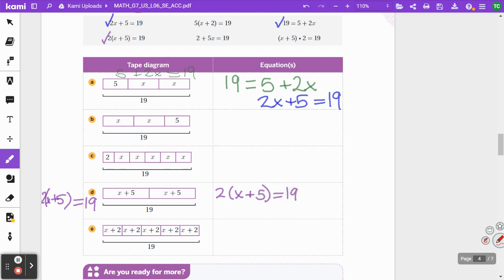Is there anything else here? I almost went to this one, but wait a second. That's 5 sets of x plus 2, not 2 sets of x plus 5. So that's not going to work. Oh, how about this one? x plus 5 grouped together, and we have 2 of those groups.